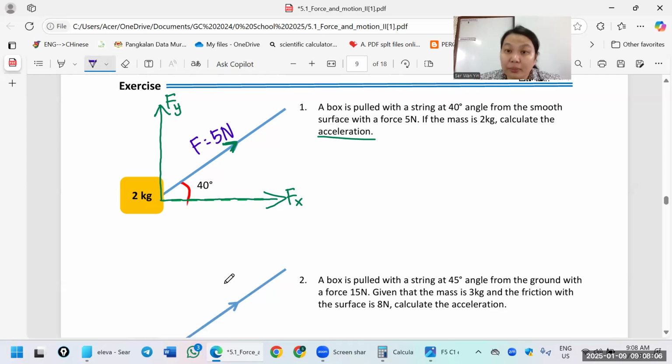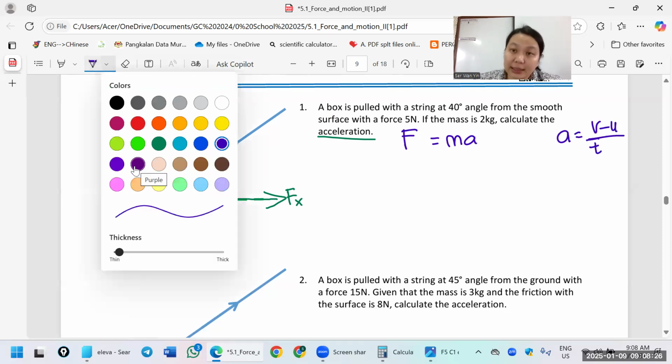Are you sleeping, everyone? Thank you. F equals ma. Thank you. A equals V over T. Actually, it's V minus U over T. Very good.